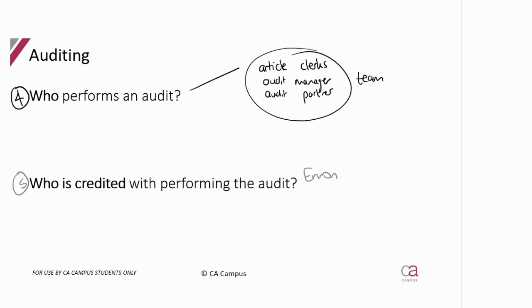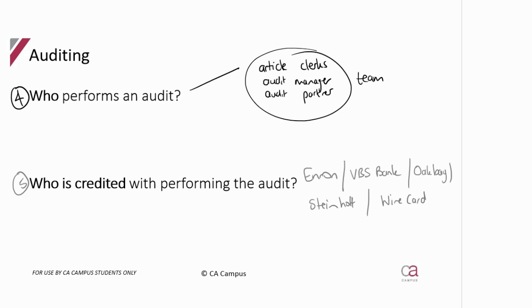Enron, company's name. VBS, bank. Okbay. Most recently, Steinhoff, Wirecard. So some company names.